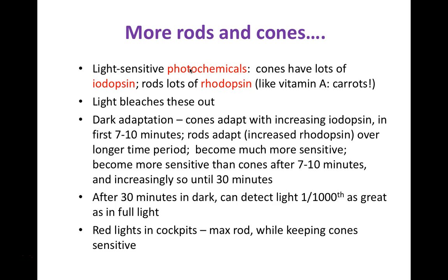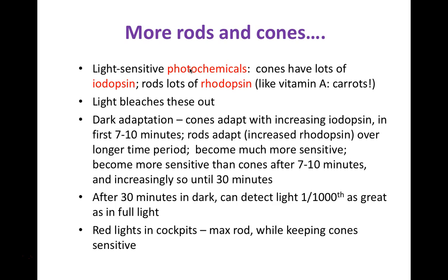So you become increasingly sensitive to light. You can't see virtually anything when you first go into the dark, but after 30 minutes, little points of light can be detected, and you have much, much more sensitivity.